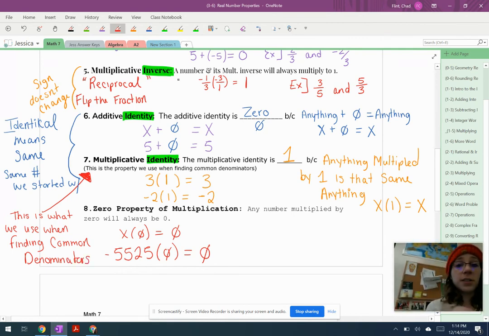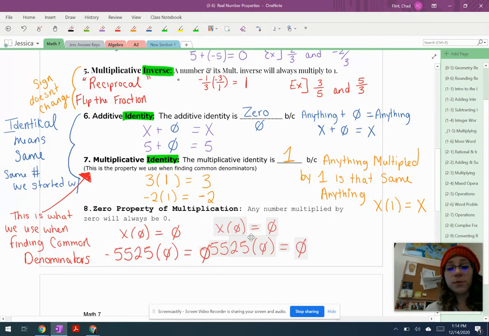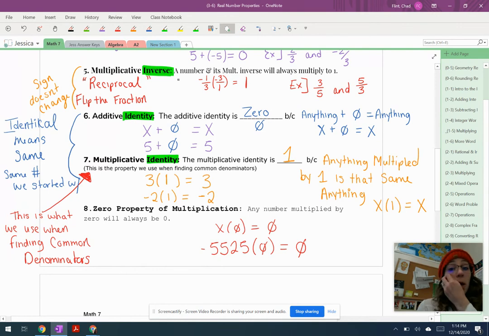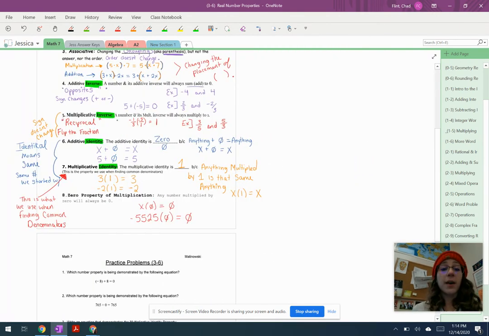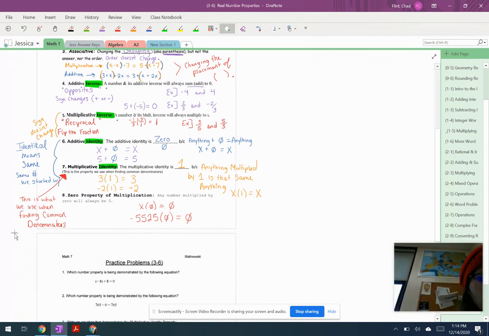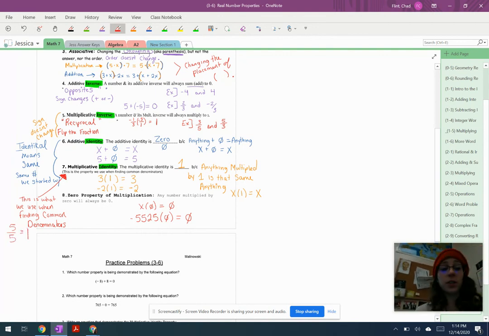Just a little side bubble for you there. The multiplicative identity is what we use when we're finding common denominators, because you're multiplying by the same thing on the top and the bottom. If I multiply something by 5 over 5, 5 over 5 is really just 1.